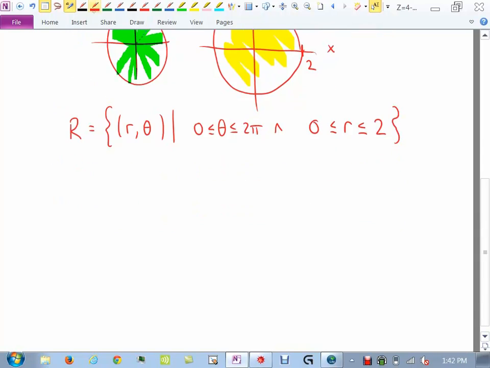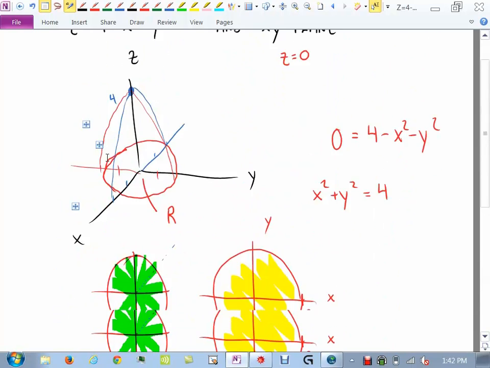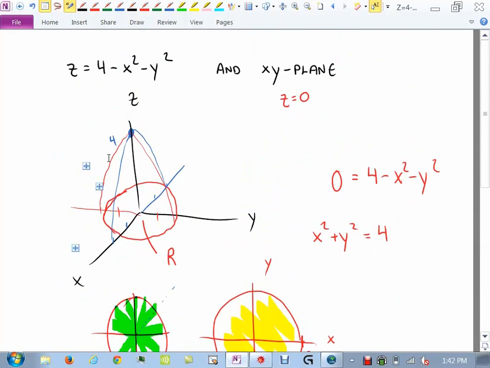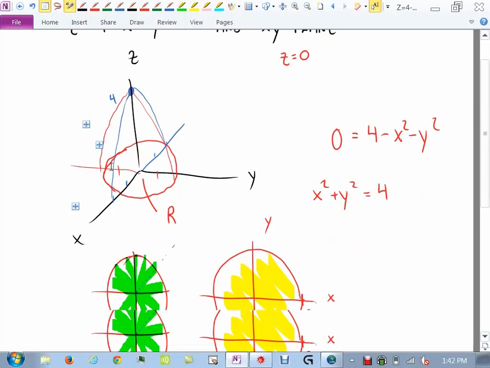Okay, so what's this double integral going to look like then? Double integral, 0 to 2, 0 to pi. Now, what are we integrating? What's the function on top here? What's the cap of this solid, the top part of it? 4 minus x squared minus y squared, right?